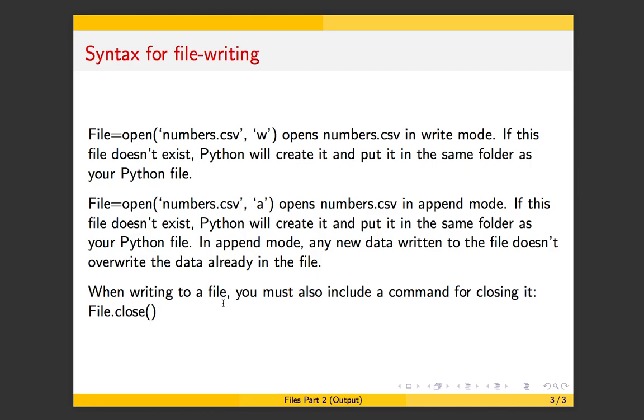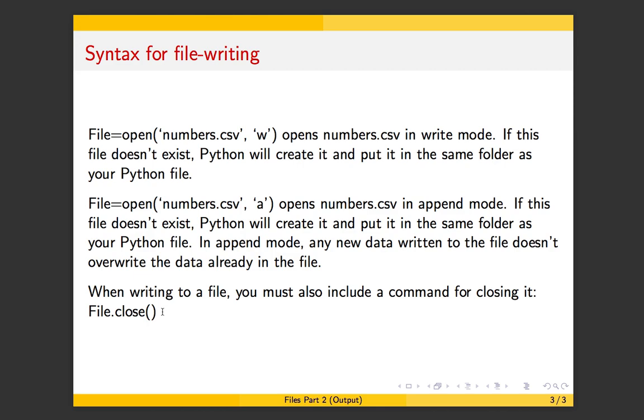So before I show you how all of this works in the compiler, the last thing to note about writing to files is that when you are done writing, you have to close the file. Okay, so you open it here and you close it here. In general, you should always close the files, but closing a file is not necessary for the program to function properly when you are reading data in.